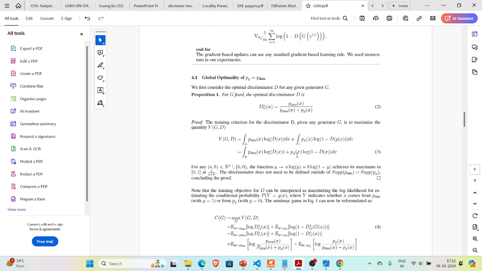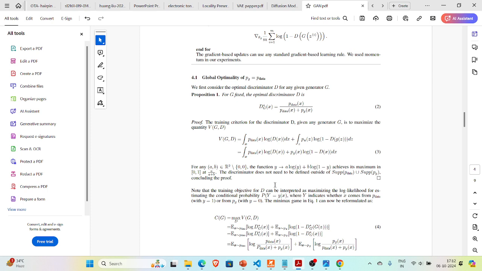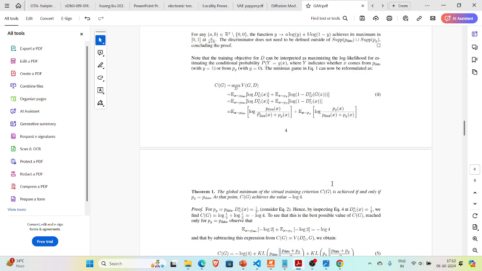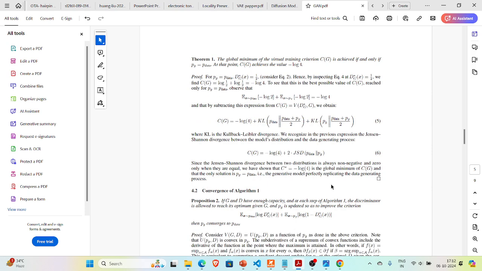The optimal discriminator value is this one, p data of x over this, and this is the training criterion. They have defined the proof here. At the optimal value they put this value, and there are some calculations, not very important. We'll go over those.